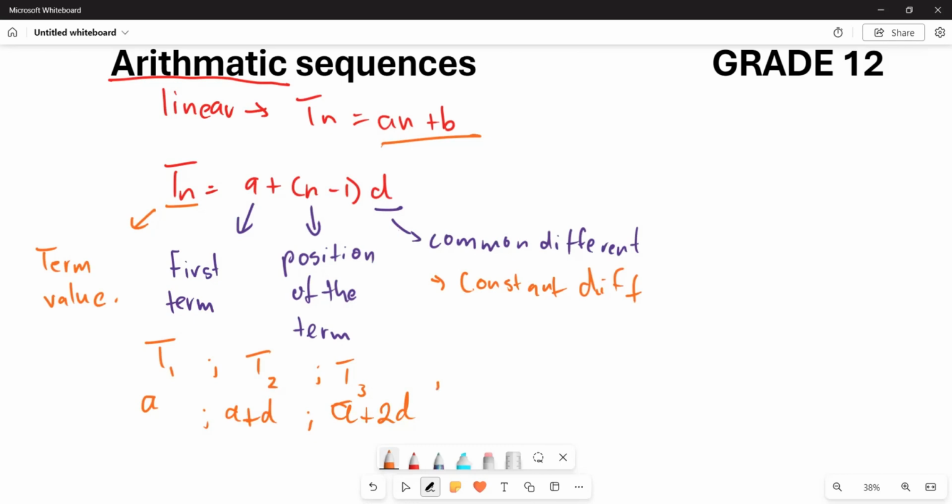Let's say we add our fourth term. By now you can see that term 4 is going to be A plus 3D.